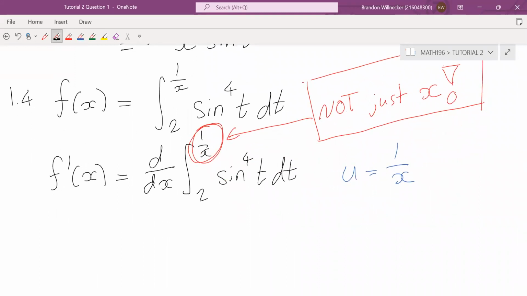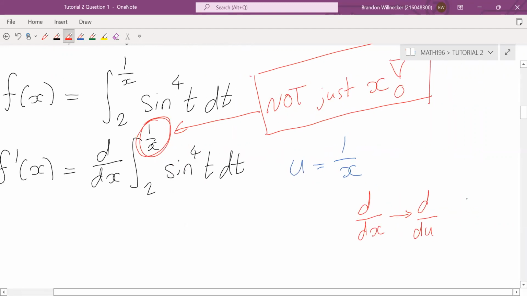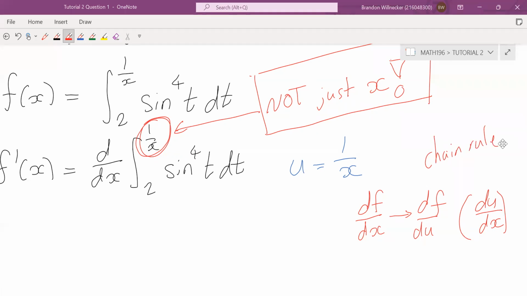Because remember, d by dx is now going to become d by du, but then we also need du by dx. So df by dx is going to be df by du times du by dx. Remember the chain rule?